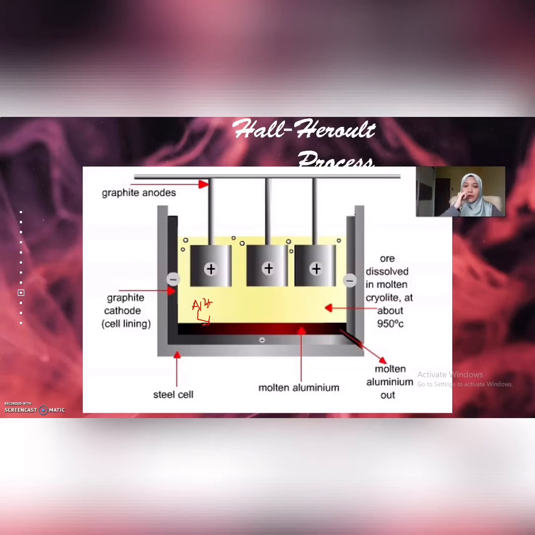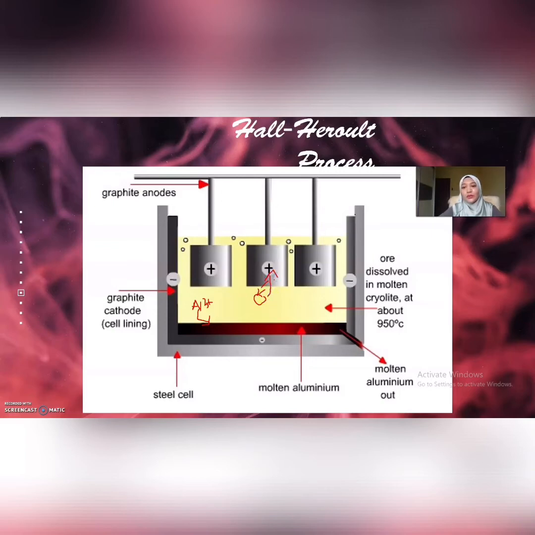The chemical equation for the aluminium ion that is reduced is Al3+ plus 3 electrons produces Al. The O2- ion will move to the anode and then be oxidized.